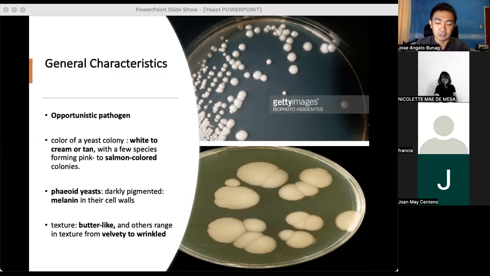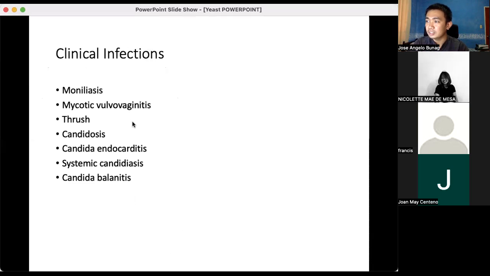So sir, question, ano po ang magiging kulay ng ating mga phaeoid hyphae pag na-stain natin ng Fontana-Masson stain? So ang kulay po nila is usually brown. Yan po. So I just typed in some information on our chat box. So please do take note, if you use your Fontana-Masson stain, this is specific for your melanin and your phaeoid hyphae, ang kulay po niya once stained by your Fontana-Masson stain ay kulay brown. So that is one laboratory method in staining your phaeoid yeast.